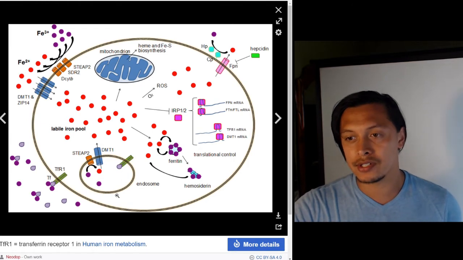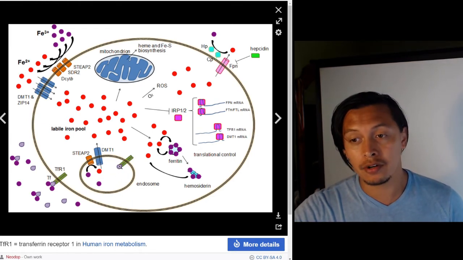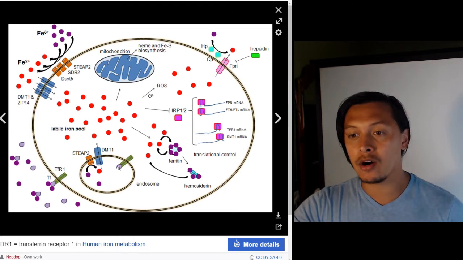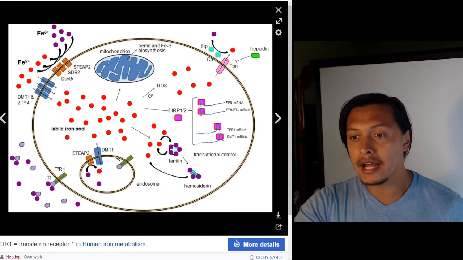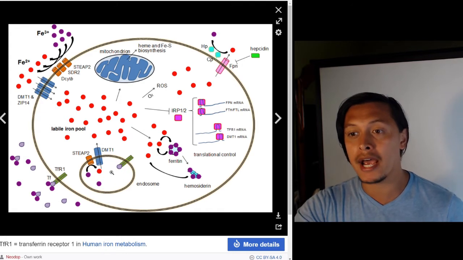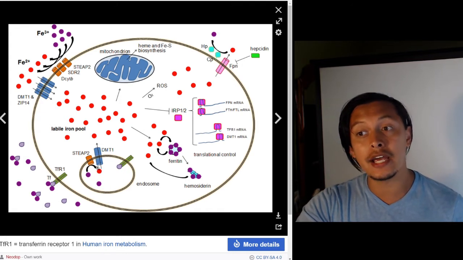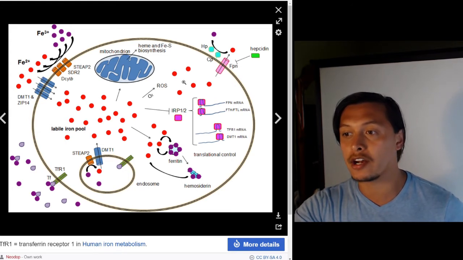Here you can still see that original transferrin receptor with the transferrin still bound to it, but now the iron has become liberated, and so the iron is now existing in the endosome, and it gets turned into a labile iron and then gets pumped out of that endosome into the rest of the cytoplasm. So here we have the iron that's in the cytoplasm.